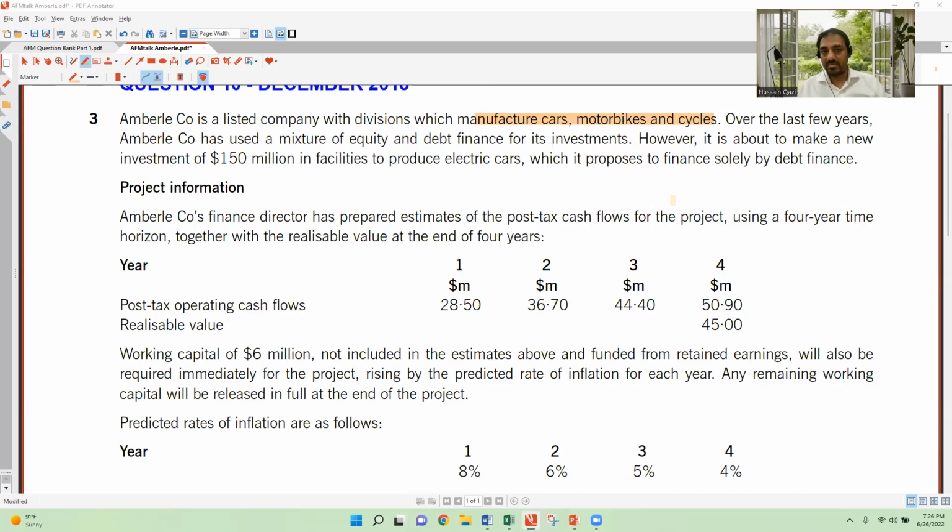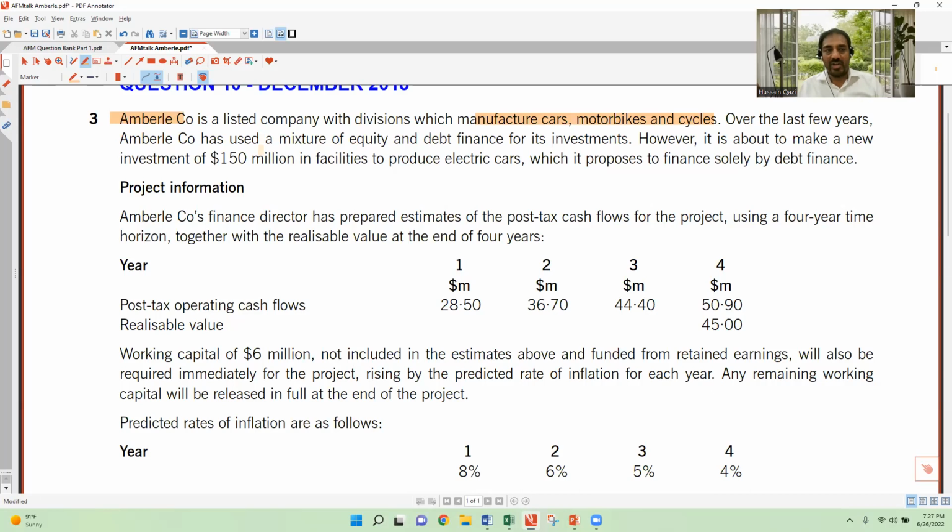So the background is that Amberle is a manufacturer of cars, motorbikes, and cycles, a mechanical industry.